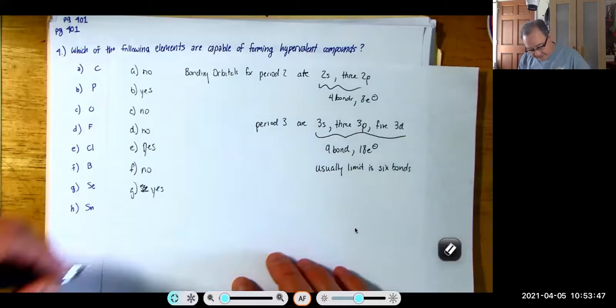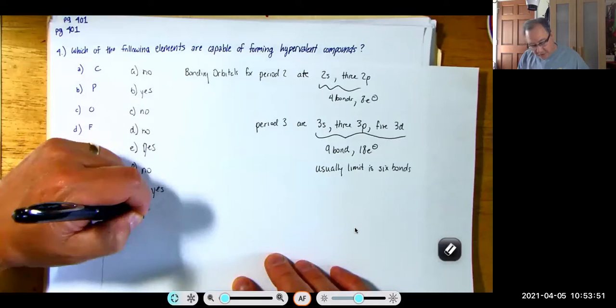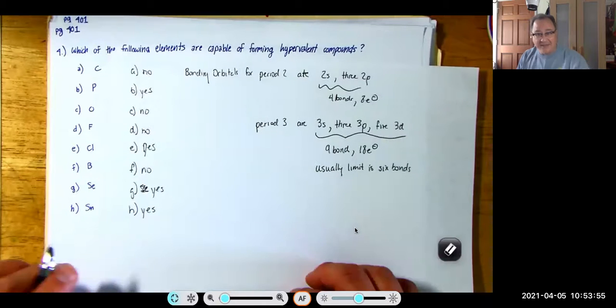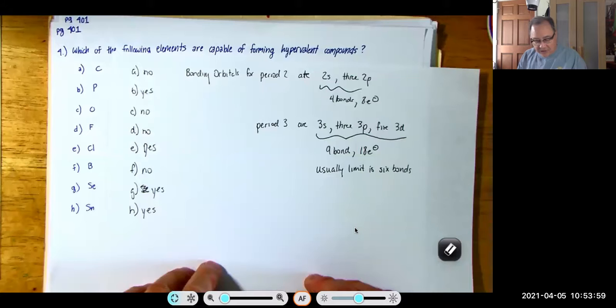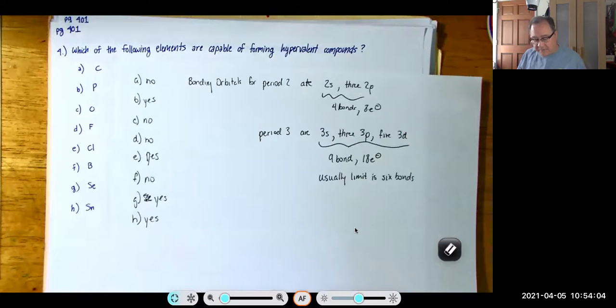Okay, how about tin? Yeah. Oh, you're pretty casual with tin. You don't say yes, you say yeah, huh? Okay, so that's how easy it is to tell which ones are capable of forming hypervalent compounds.